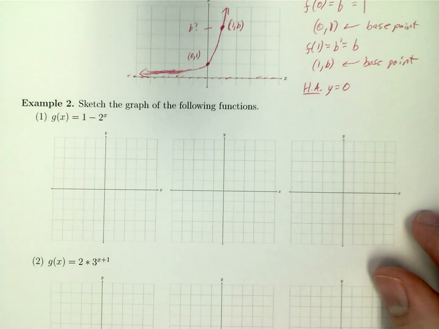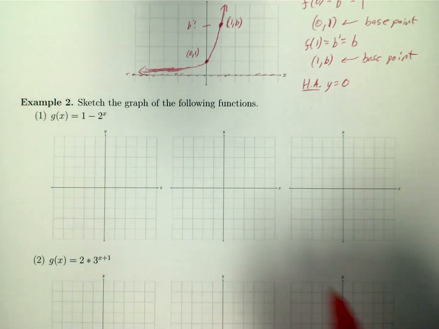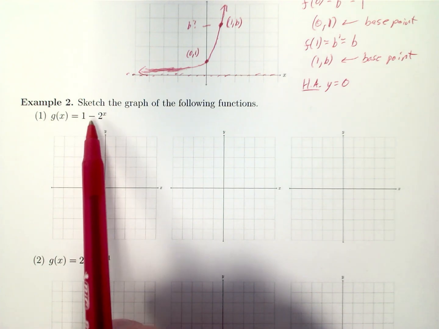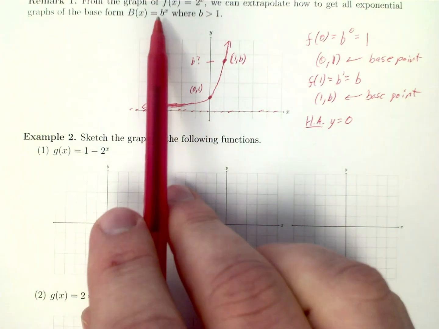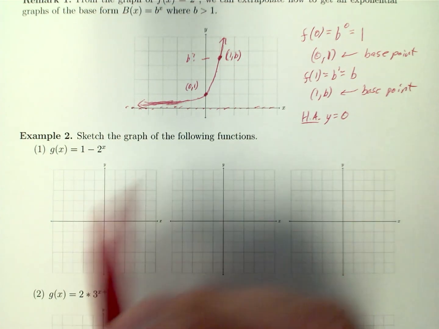So we can go back to what we talked about in previous sections about transformations to base graphs. If we have a base function, b to the x, we can talk about things being done to it.